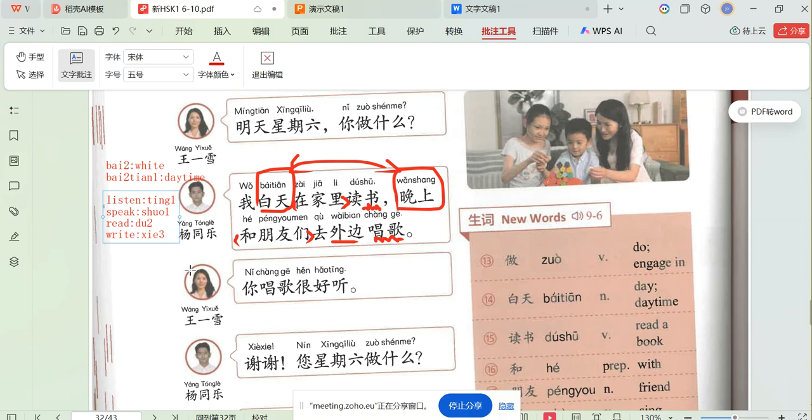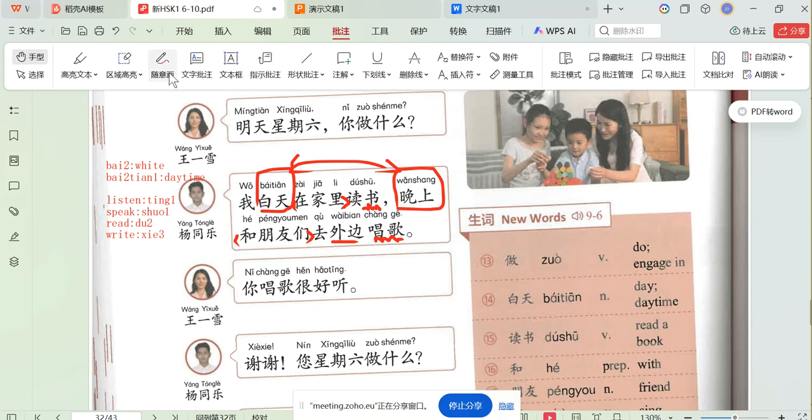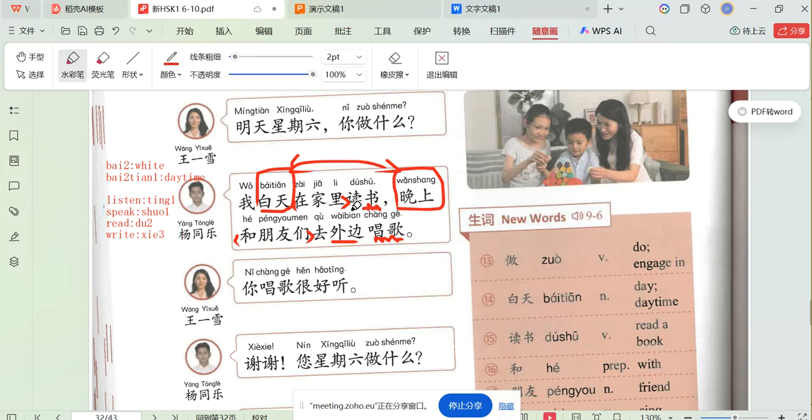Let's read the four abilities together. 听, 说, 读, 写. So you tell me what's the meaning of 读书?